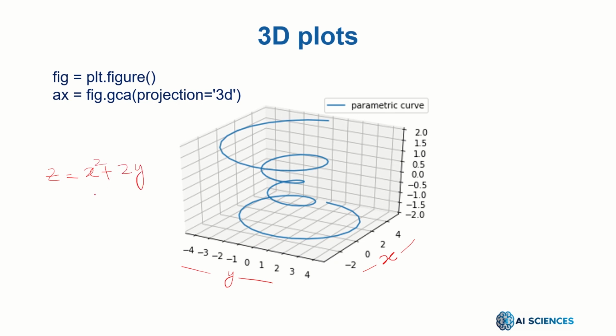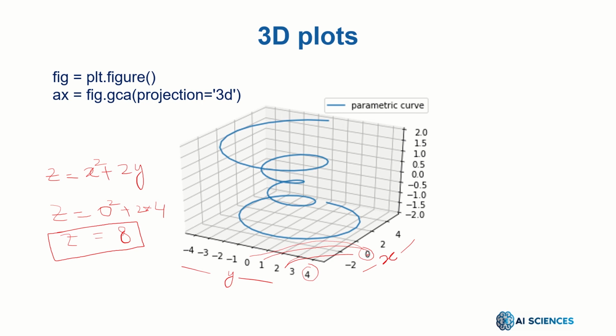In that case, if I supply the x value as 0 and the y value as 4, what will be the z value? The z value will be 0 squared plus 2 times 4, so z will be 8 at that particular location. Similarly, I can go through the whole grid: 0 with 4, 0 with 3, 0 with 1, 0 with 0.